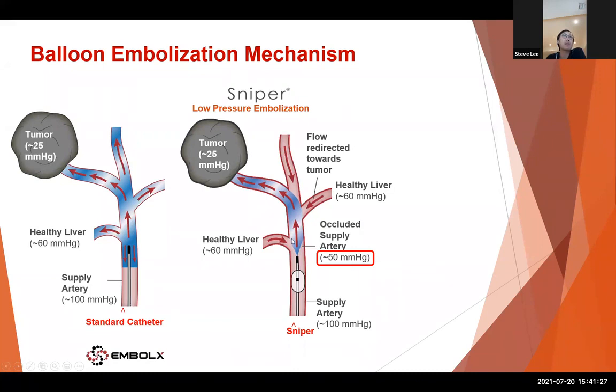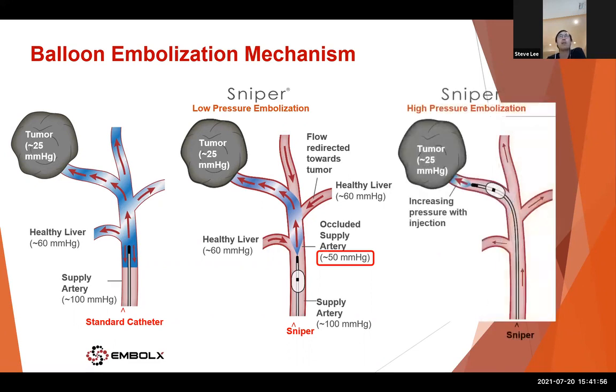And when that happens, you can get what we call reversal of flow, because this is 50 and the surrounding healthy liver, the non-target tissue, is 60. There's a reversal of flow because of the pressure difference. And this helps to minimize non-target damage to the surrounding liver and maximize delivery of the embolic agents to the tumor itself.